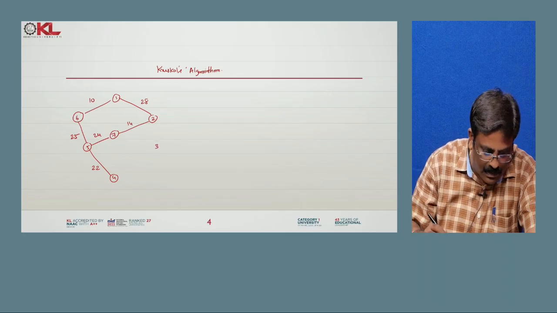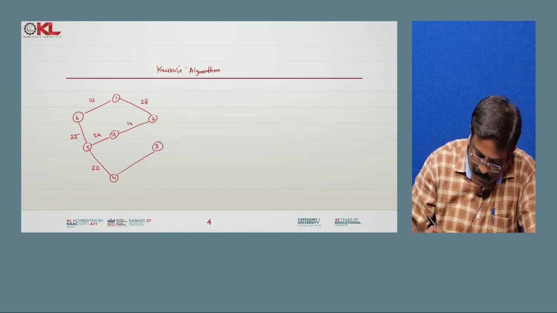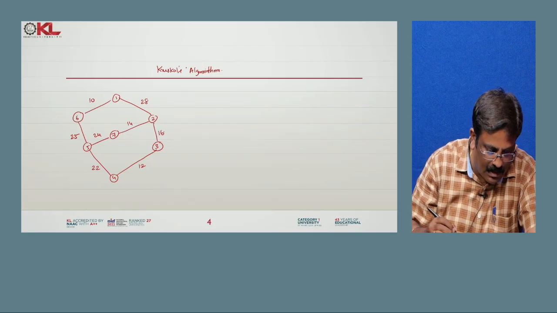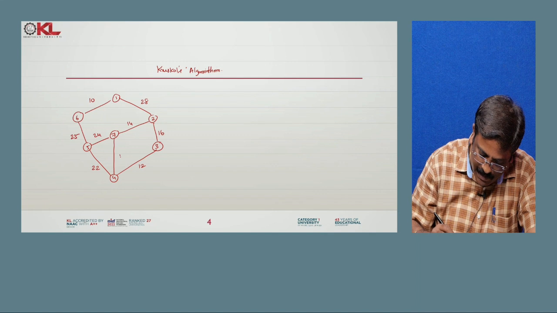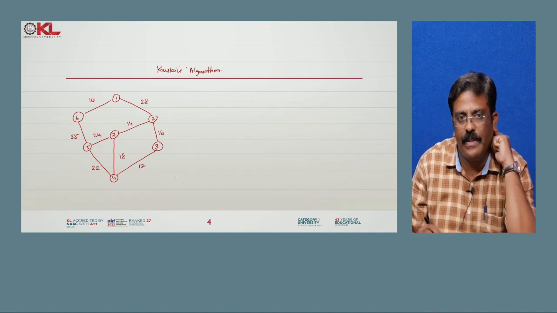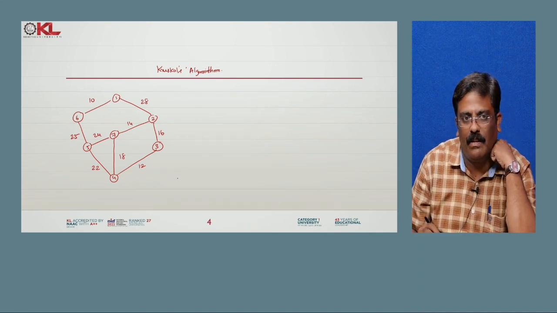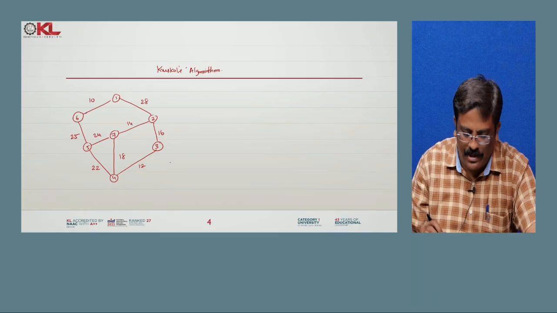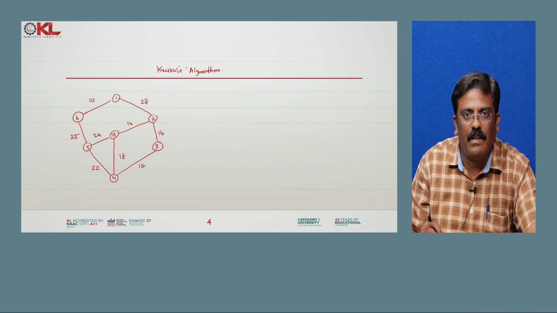Here I have 3, that is nothing but 12, and here we have 16, and this we have 18. This is the previous graph we took for Prim's algorithm. We can select the same graph to understand Kruskal's algorithm too.